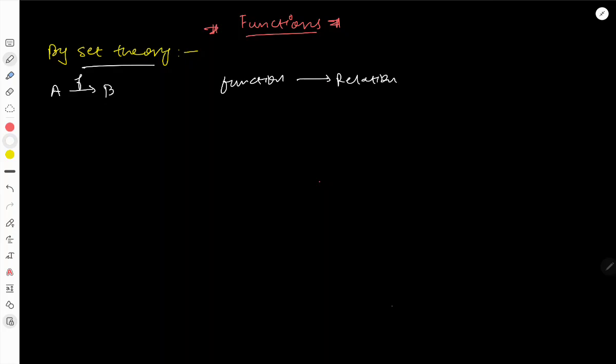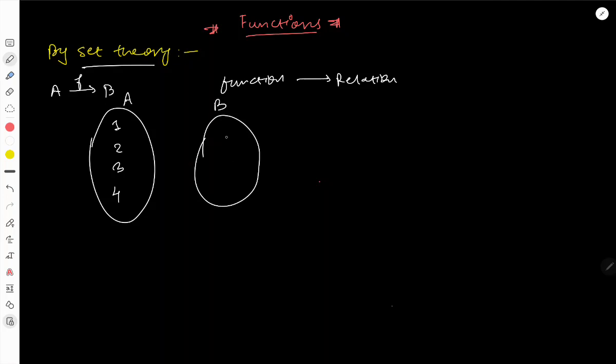For example, let us discuss as if this is set A, I'll write the name outside. This is set A having elements 1, 2, 3, 4. And this is set B having elements, I'll write them small, as a, b, c, d, e. So there is a certain relation like this which we can see.